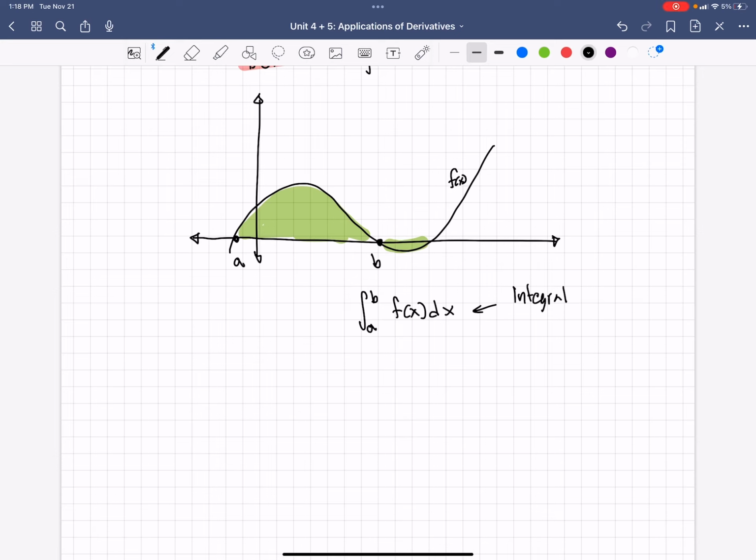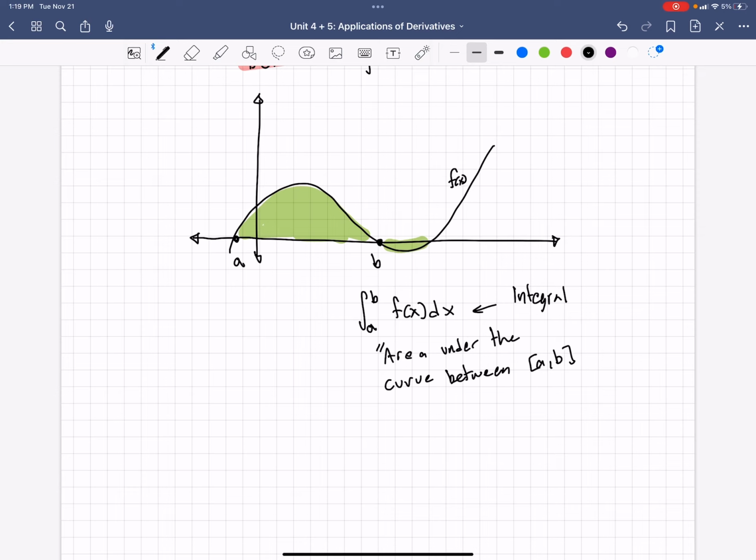And what do the integrals tell us? They tell us the area under the curve between A, B, right? So that's what it tells us. And it's like, well, how do we calculate this area?